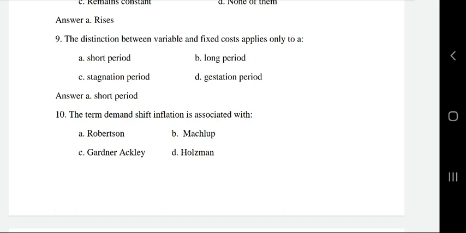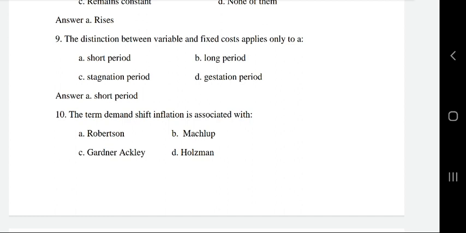A prolonged period of little or no growth in an economy, highlighted by periods of high unemployment. That period is known as stagnation period. Gestation period is the time between the start of an investment project and the time when production using it can start. So here the answer is short period.